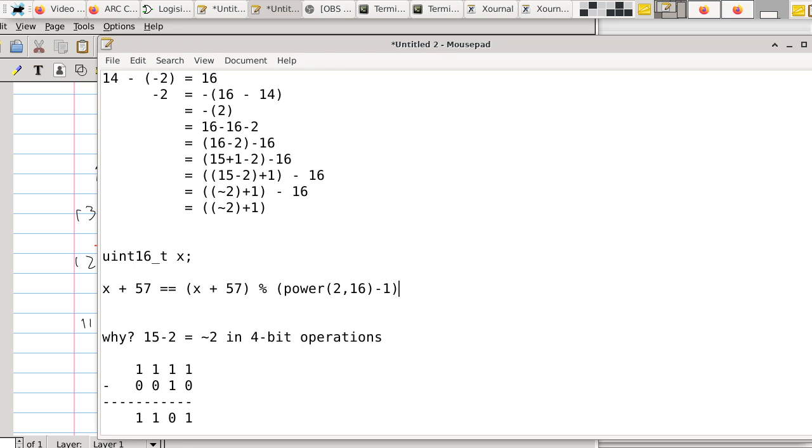And that is why it is important to know how many bits you should be using for your integers. Are you sure 16 bits is enough to represent the values that you need to represent? If you're not sure, you better analyze your program and say, for this variable x, what is the largest value that we need to represent, and how many bits do I need to represent that value?